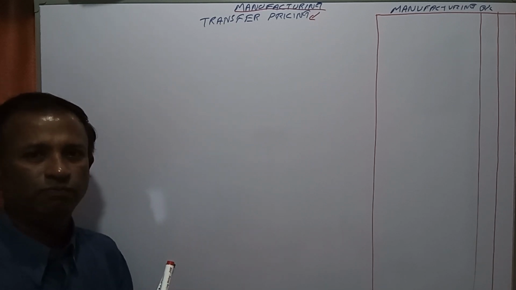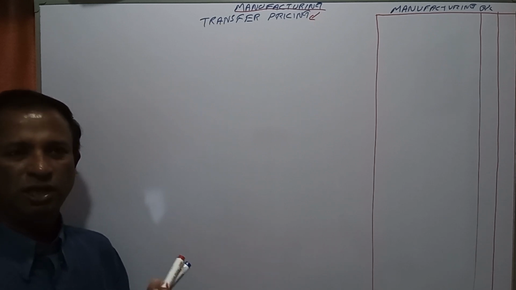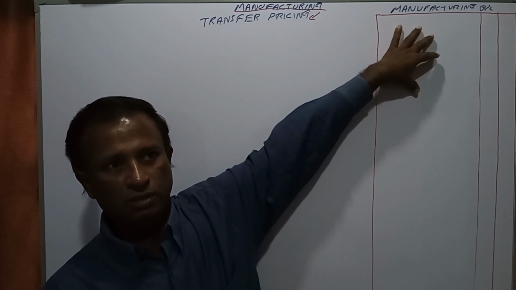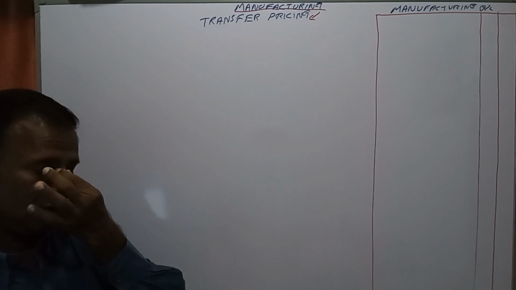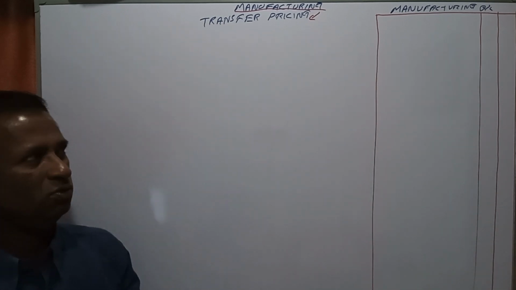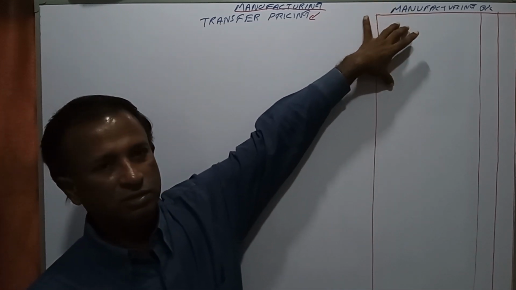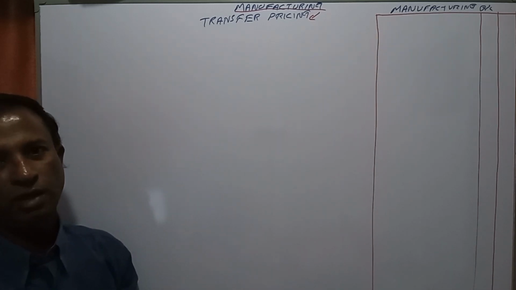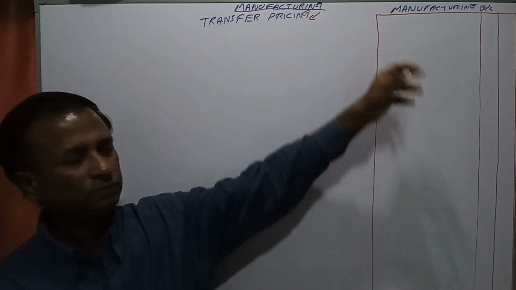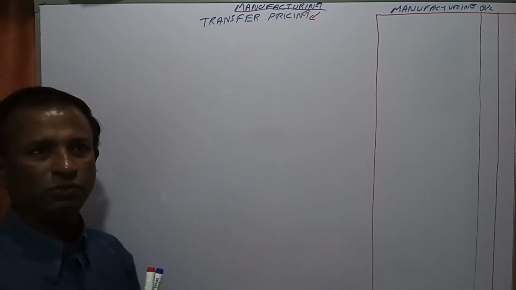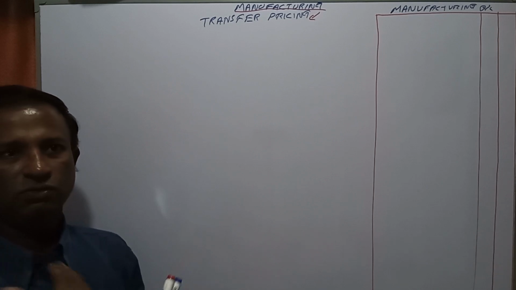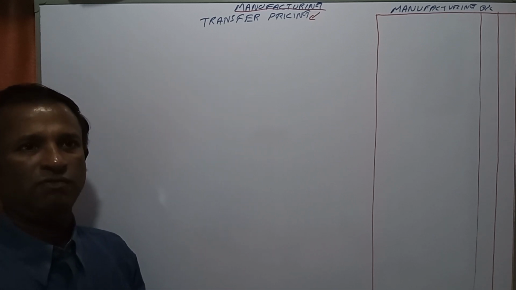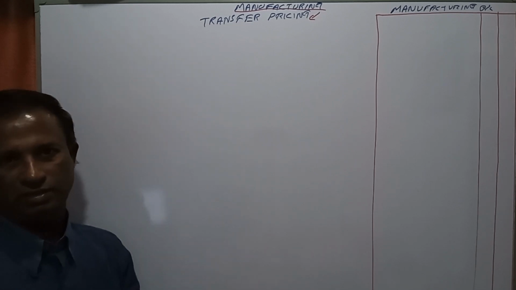Now, sometimes the company owners may want to make this manufacturing section one profit center, because they want to know, by establishing this manufacturing section or plant, whether it is worthwhile to manufacture the goods in house and sell them to outside people, or whether it is advisable to purchase them from outside.